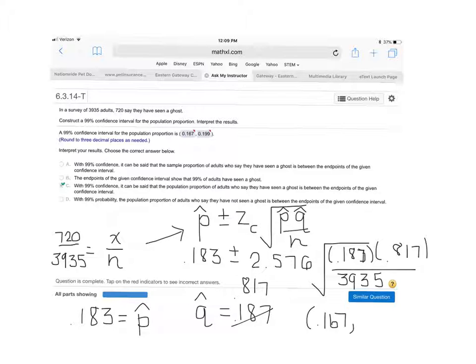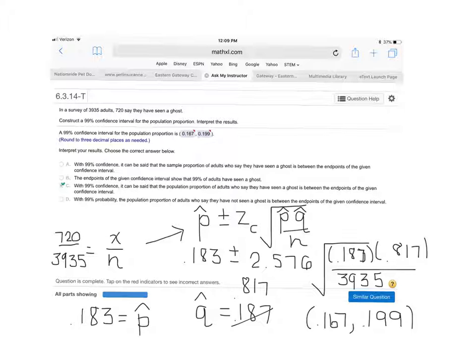And we get about 0.20, no, excuse me, we get about 0.199. So we can say that we are 99% confident that the true proportion of all adults who have seen a ghost is somewhere between 16.7% and 19.9%.